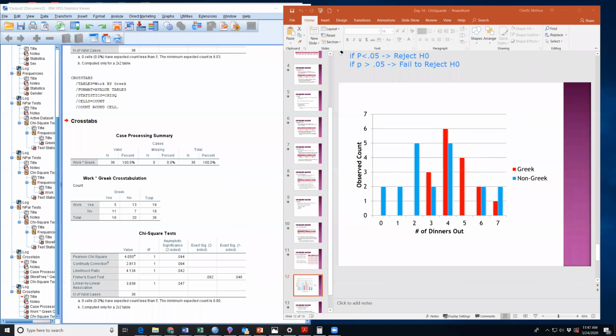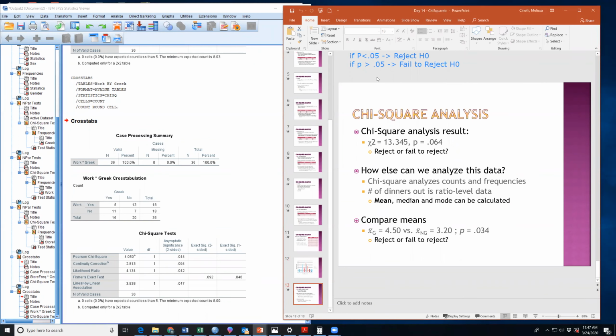To get an answer to this question, are these groups going out the same amount or are they going out at different rates, we could do a chi-square test. If we did that chi-square test, I'm not going to pull it up in SPSS, but here are the results. Chi-square statistic 13.345, p-value 0.064. With a p-value of 0.064, would we reject or fail to reject the null hypothesis?